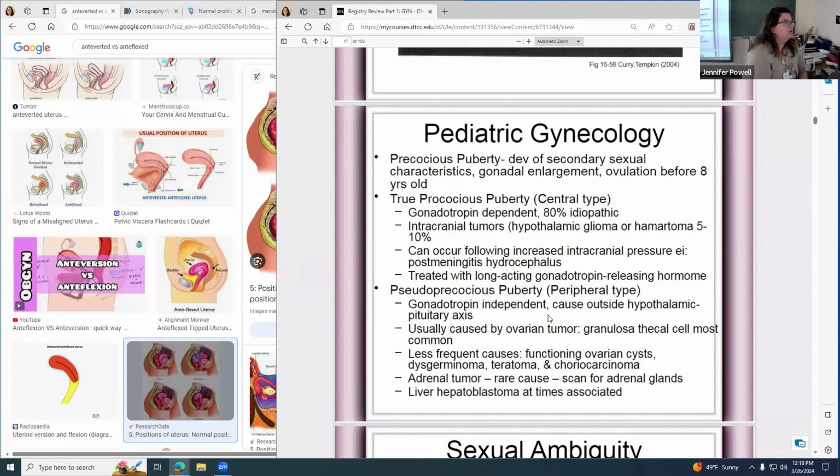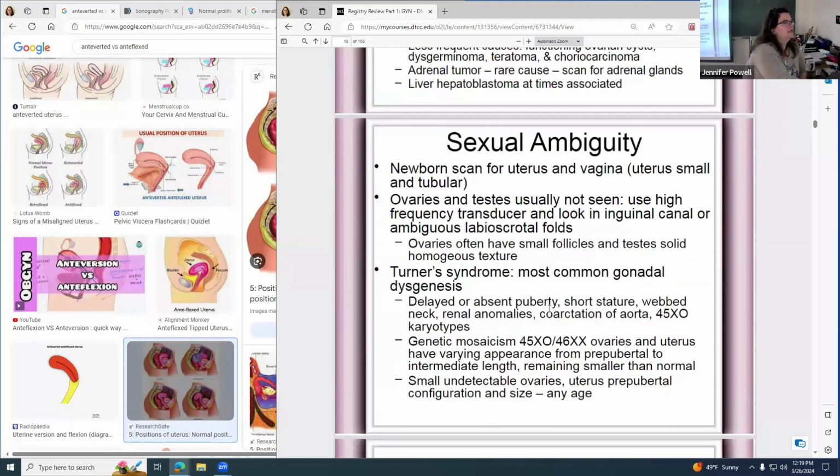Adrenal tumor can cause it, although that is rare, and they would scan the adrenal glands. And also a liver hepatoblastoma is at times associated. But the big difference is, is the pituitary involved or not? The hypothalamus pituitary axis. Okay.